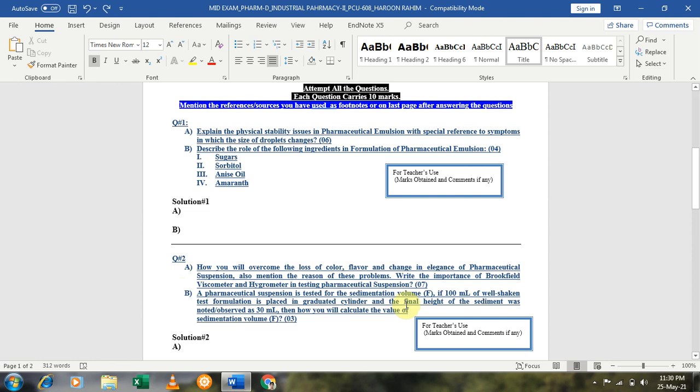And second part of the part A, question number 2, is what is the importance of Brookfield viscometer and hygrometer in testing pharmaceutical suspension. You have to write these two, that is viscometer and hygrometer, for testing the pharmaceutical suspension.